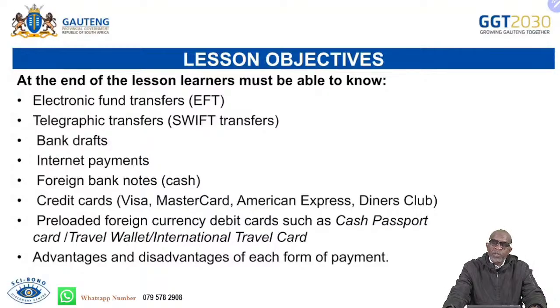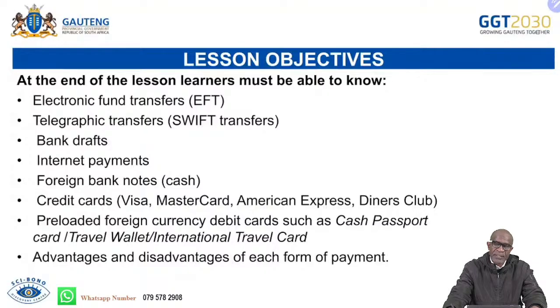You need to also gather some understanding around the bank draft. You need to also understand internet payment and how it works, as well as the different forms that internet payment revolves around.